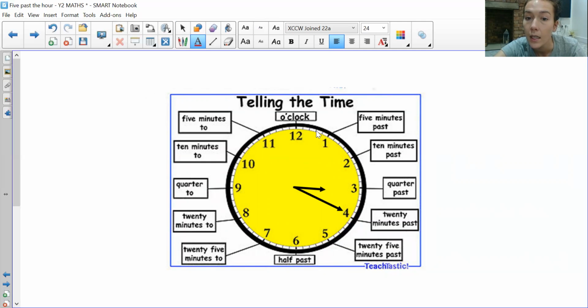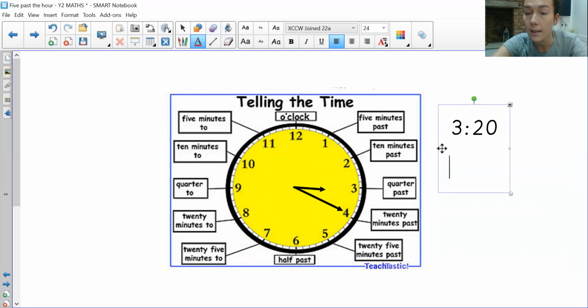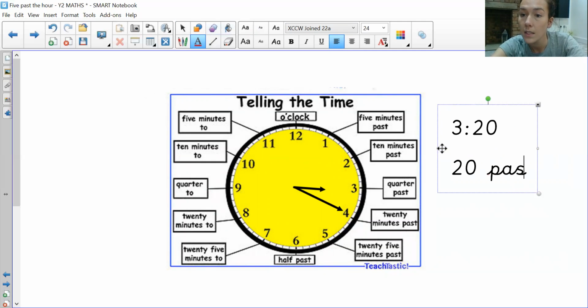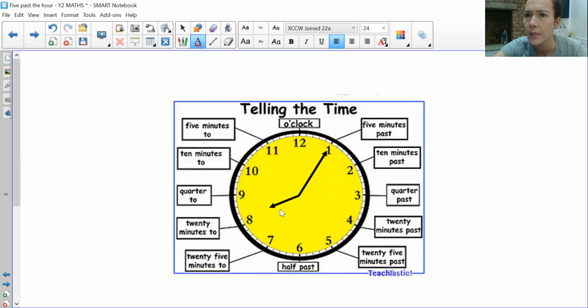So it's going to be 20 minutes past 3, which we can write in 1 or 2 ways. So we can either do it as 3:20, or we can do it as 20 past 3, just like that.